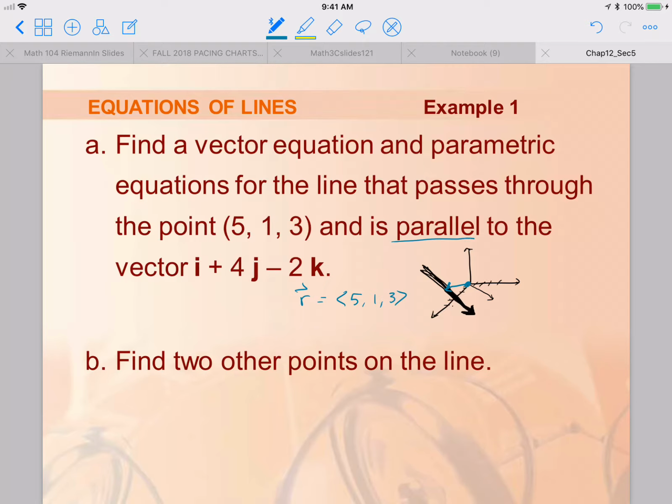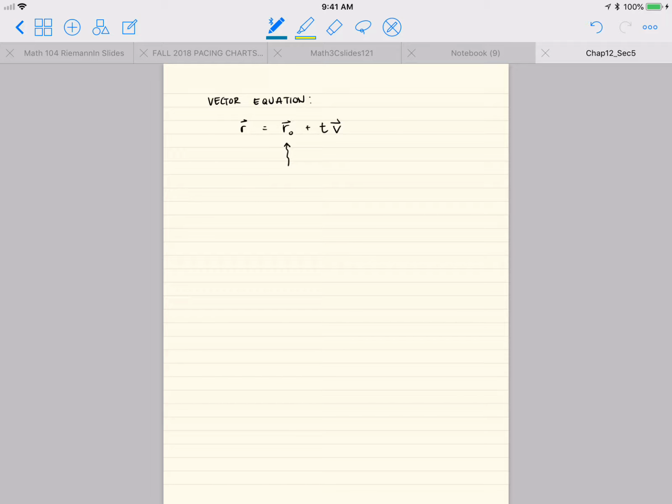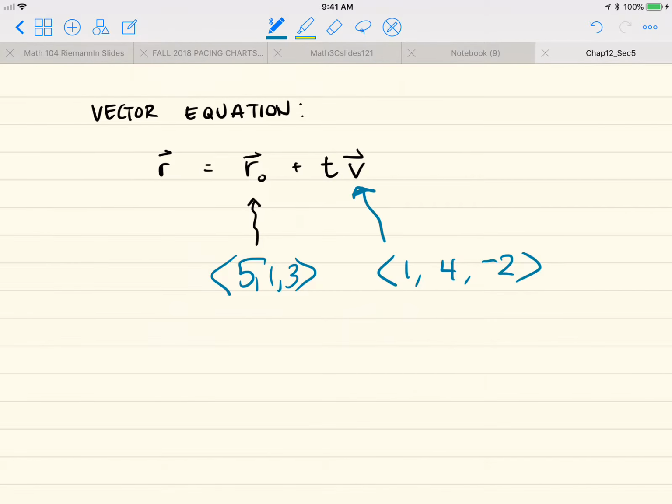Okay, and now our direction vector is going to be 1, 4, negative 2. So let's write that down. 1, 4, negative 2 is v, and our r naught is 5, 1, 3. So it looks like we will have, as our final answer, r equals 5, 1, 3 plus t times 1, 4, negative 2.